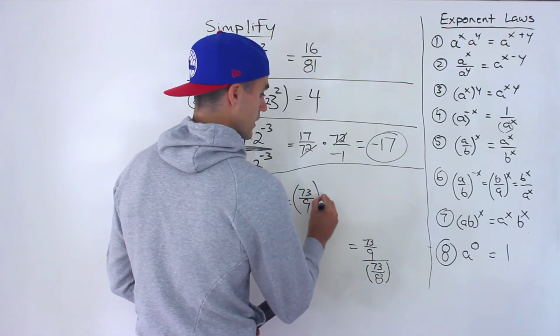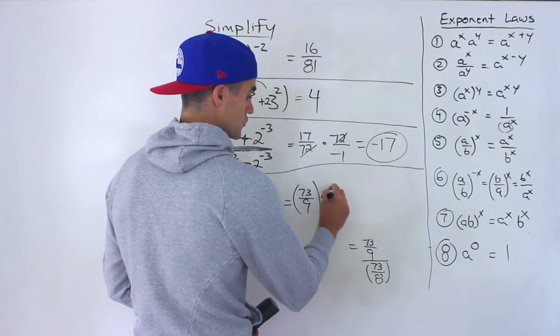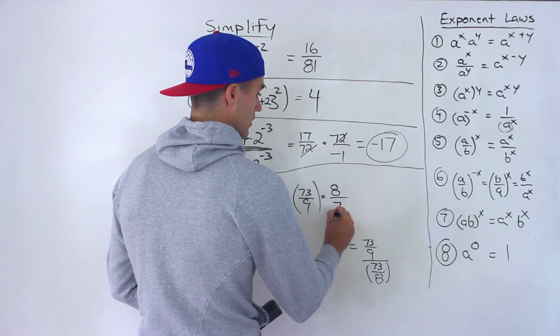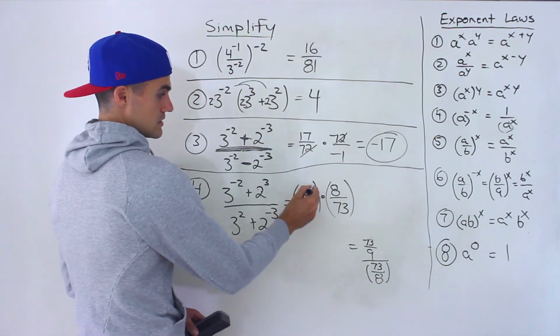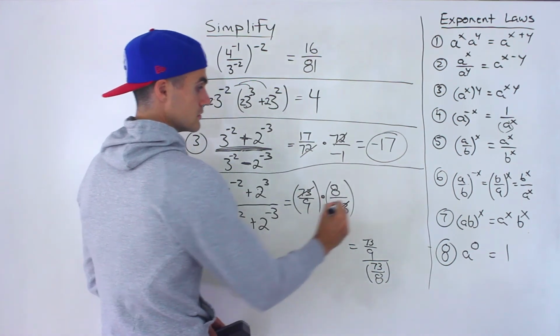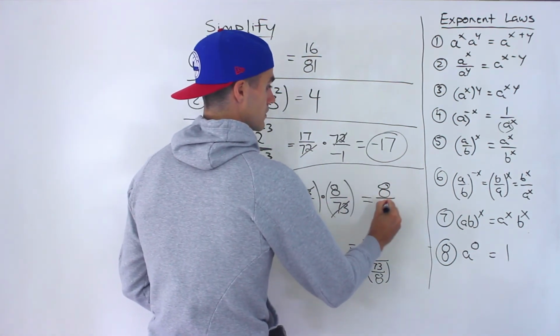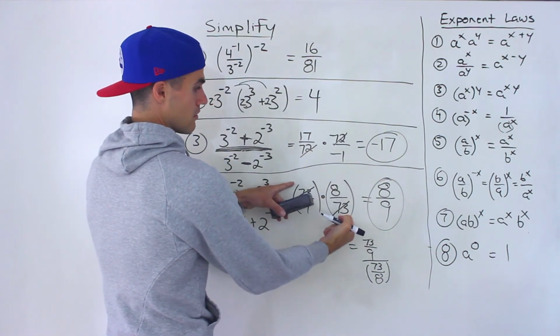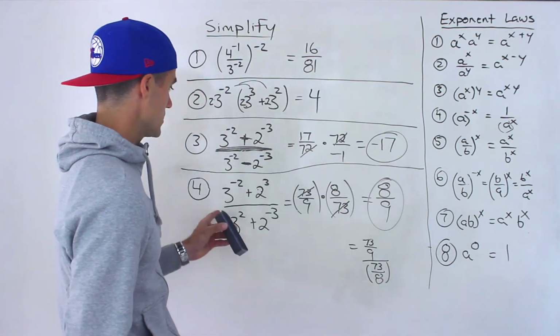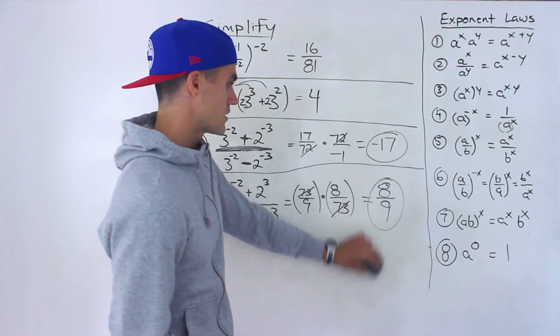It's like multiplying it by the reciprocal of that fraction, which would be 8 over 73. And so in this case, this and this cancel out, and we end up with 8 over 9, versus here, this and this canceled out, here, that and that canceled out. Right, so 8 over 9 would be the answer to number 4.